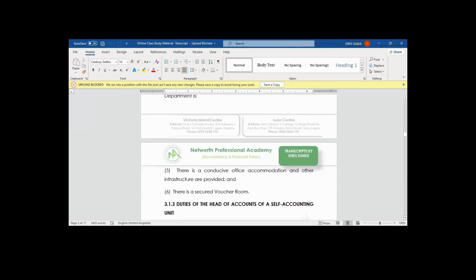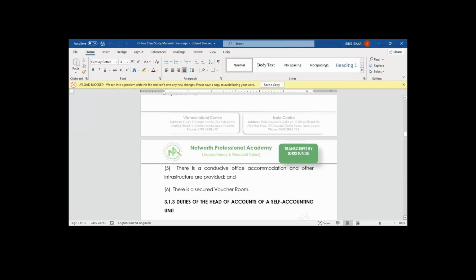They must have a place that they put all their vouchers for verification. Another condition, they must have internet facility, information technology devices, and internet infrastructure. It means they must have computer, accounting package, and internet. All these are the conditions to be fulfilled before a ministry can be referred as a self-accounting unit.